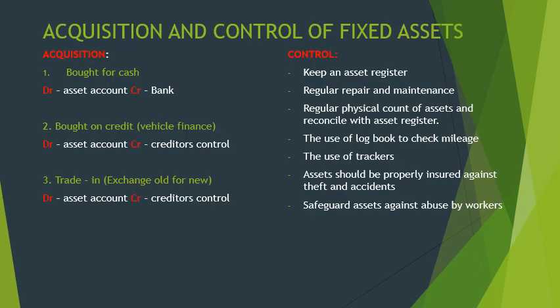Now, just to browse through acquisition and control of fixed assets, we can acquire assets when we buy them by cash. We debit the asset account with credit bank. We also buy an asset on credit. You have to inquire on vehicle finance. We debit asset account with creditors control, or we can trade in, where we can exchange an old for a new vehicle.